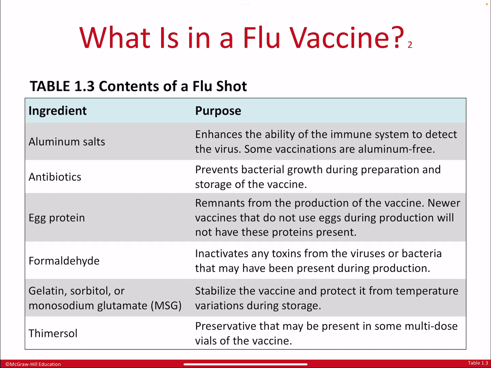Newer vaccines that we have now don't use eggs during production, but will not have these proteins present. Formaldehyde, which inactivates any toxins from the viruses or bacteria. Gelatin, which stabilizes the vaccine. And then thimerosal, which is a preservative present in some multi-dose vials of the vaccine that kind of helps keep it from breaking down.